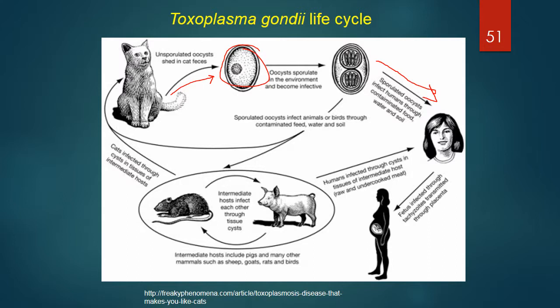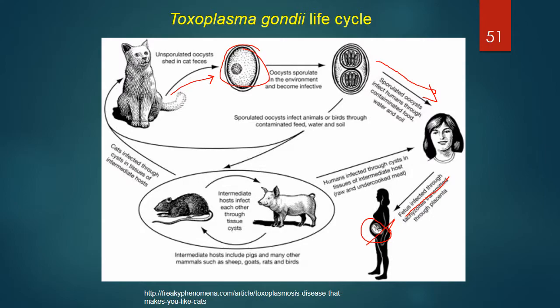Now, typically speaking, it can make adult humans sick, but it doesn't usually kill them. However, when a fetus is infected through the placental wall, the fetus can die. And that is why your obstetrician will immediately ask you, do you have an indoor cat? If you do, you are not allowed to clean the litter box.